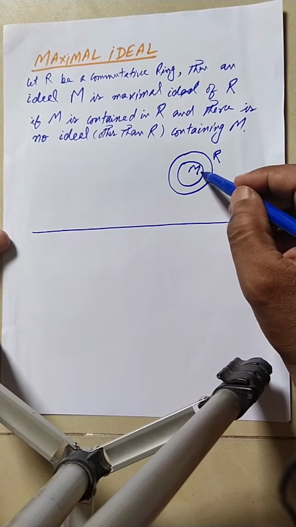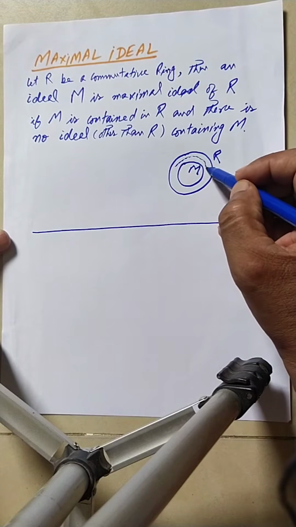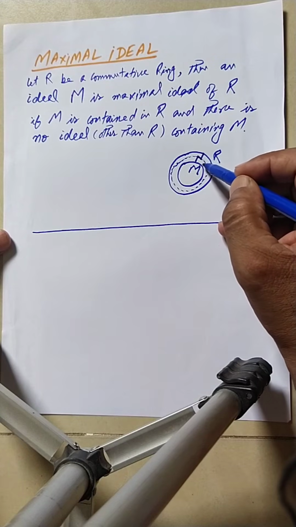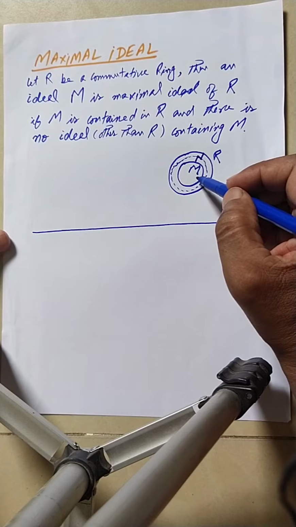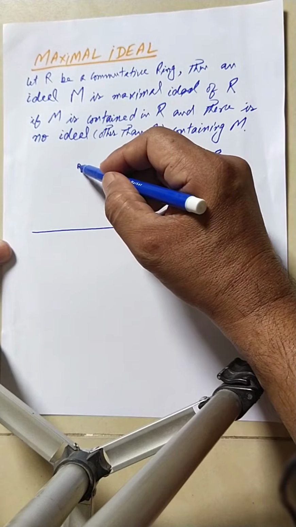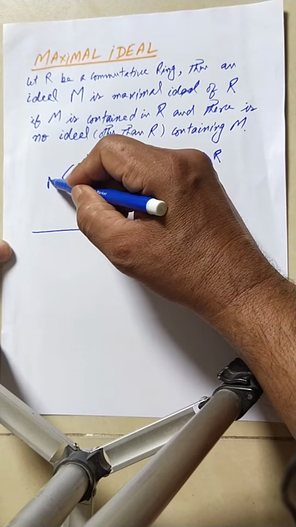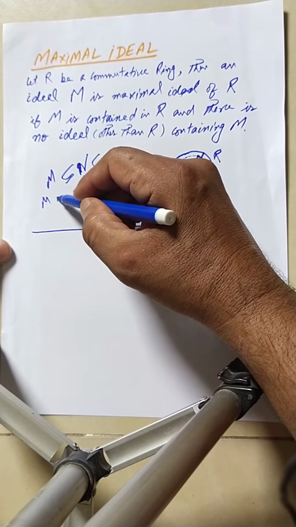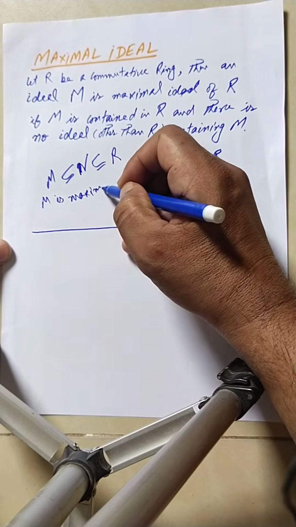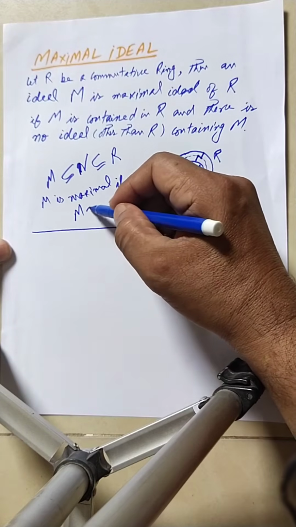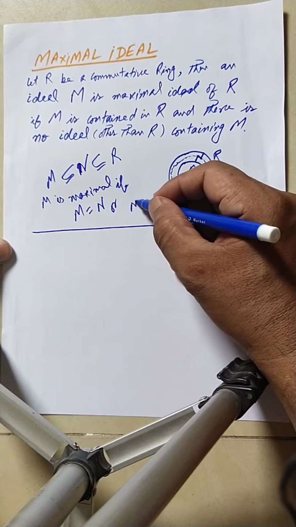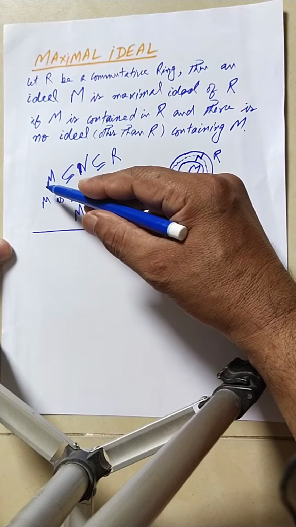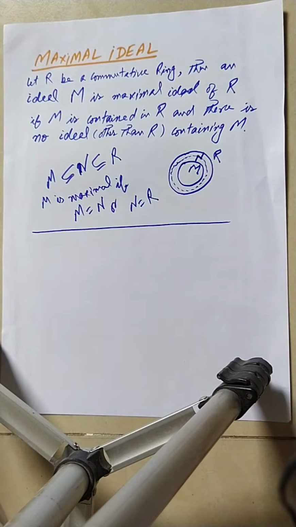Now we suppose N is another ideal between M and R. M is maximal if N is equal to R or N is equal to M, then M will be a maximal ideal.